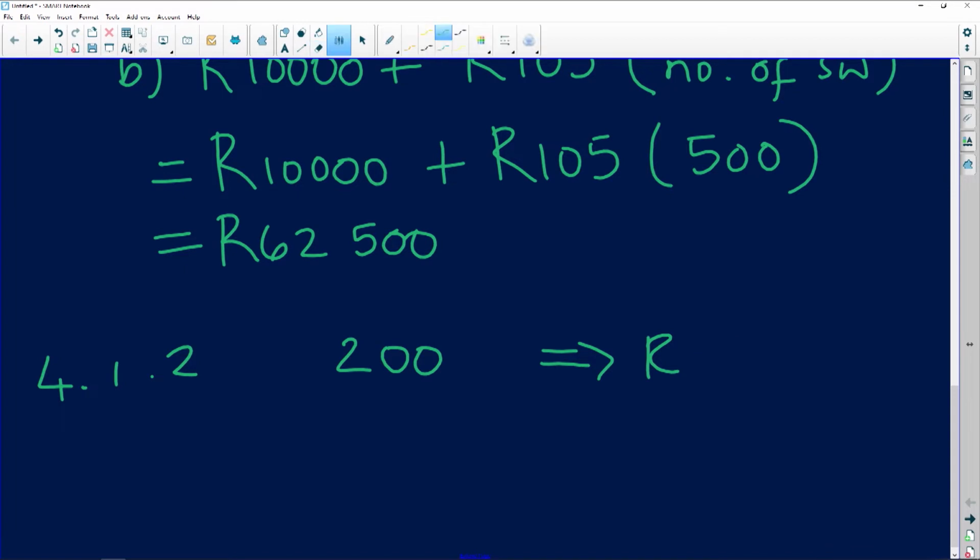So just be careful of that. It's 25,000 Rand. So what I'm going to do is that I'm going to say 25,000 Rand divided by 200.